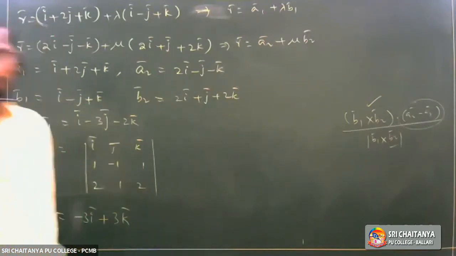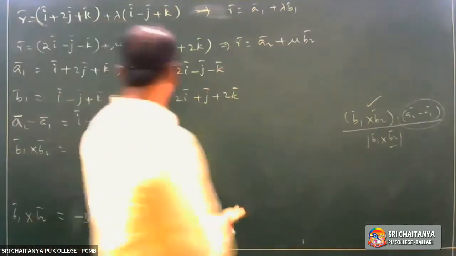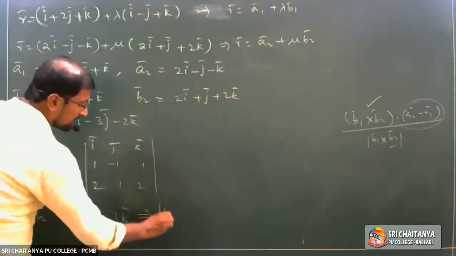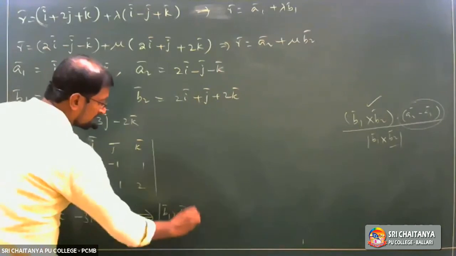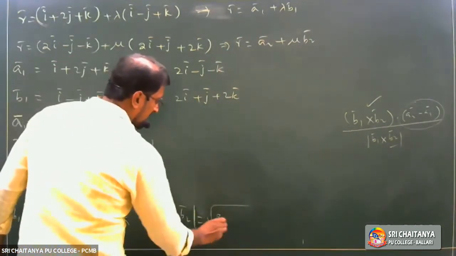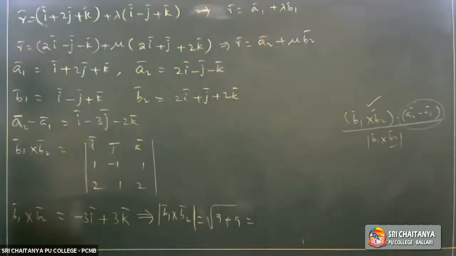After that, find the modulus, which implies the magnitude of B1 cross B2 is equal to root of 9 plus 9, which is equal to root 18. That is 3 root 2, right? So like that.